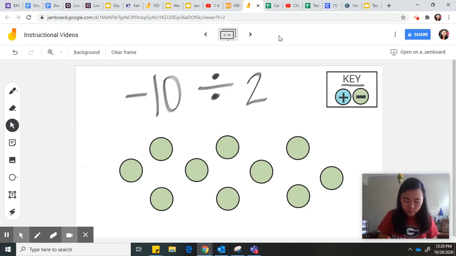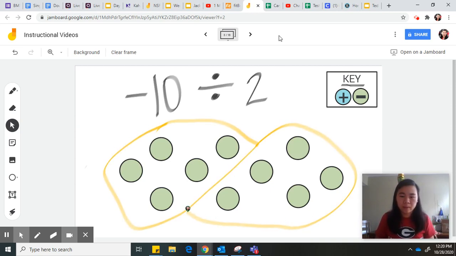Maybe like this. Okay. And when we divided them into 2 equal groups, each group is the same size. Our answer is negative 5 because inside each group we have 5 counters and they're green, so they are negative.